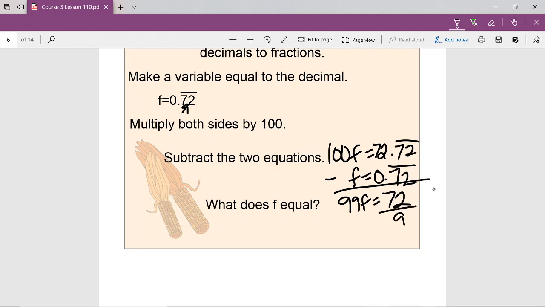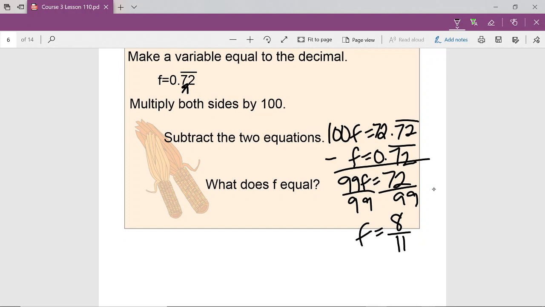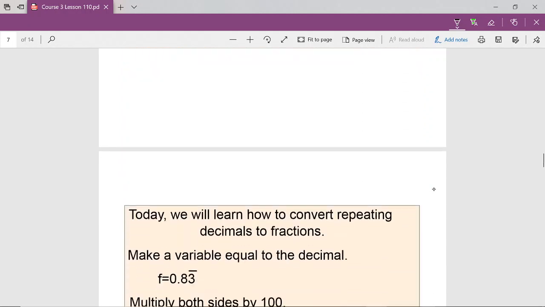I divide by 99 on each side, and I get f is equal to, well, both of these can be divided by 9, so I get 8 over 11. There we go. So that repeating decimal as a fraction is 8/11.